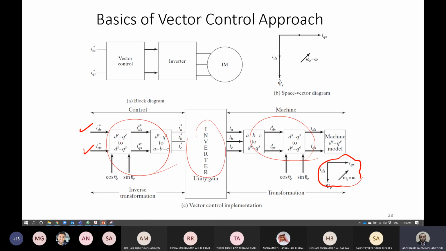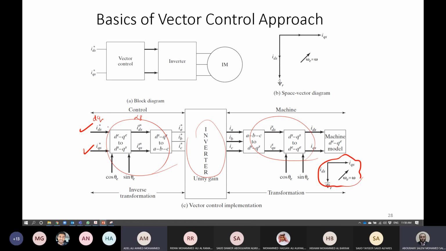Then we can consider this part as from DQ to alpha beta, and then from alpha beta to IABC. We said that in order to make the transformation you need two steps: one from ABC to alpha beta, then from alpha beta to DQ.